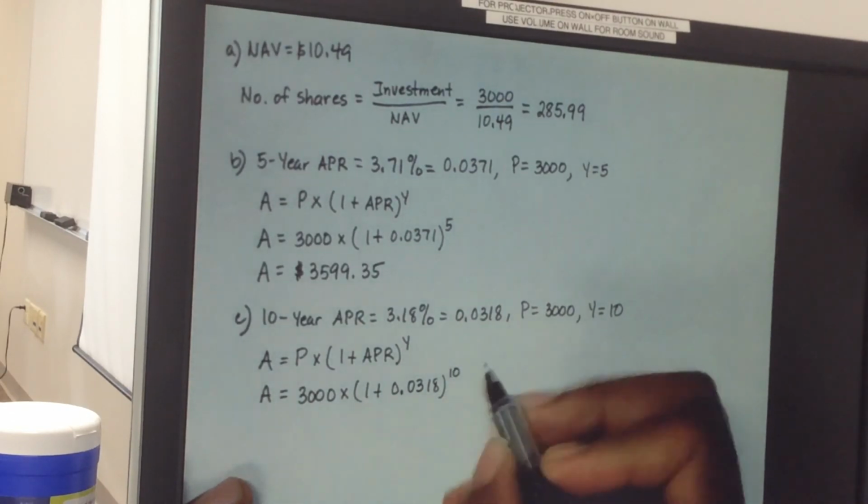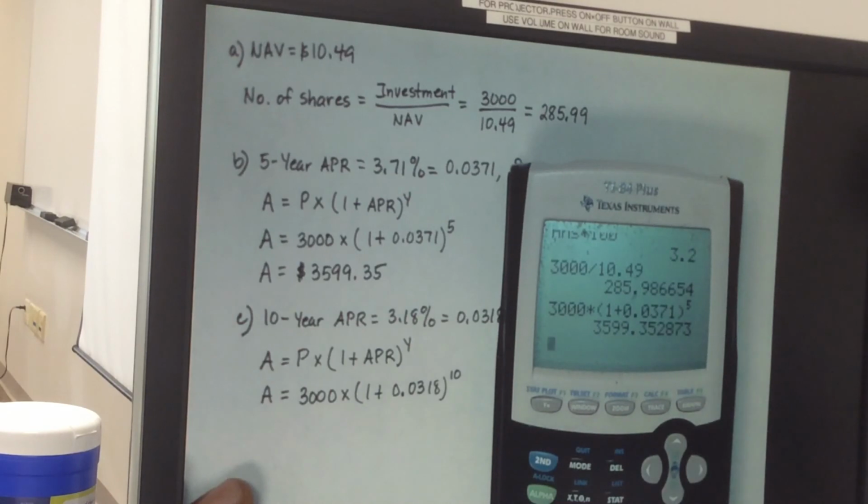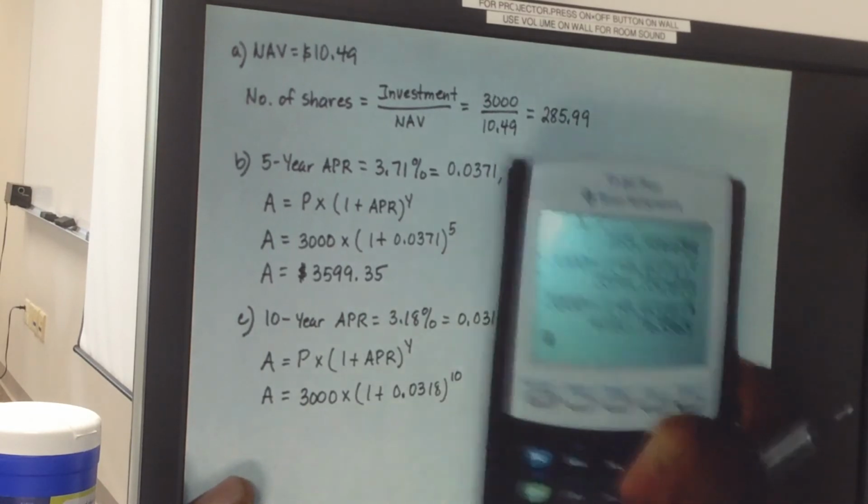That quantity will be to the 10th power. Y is 10. So 3,000 times 1 plus 0.0318, close parentheses, raised to the 10th. And to two decimal places, it'll be $4,102.76.